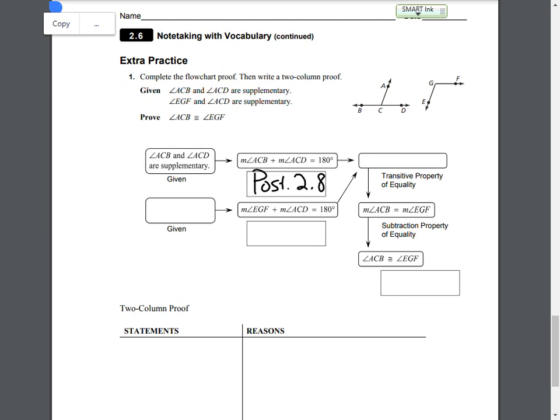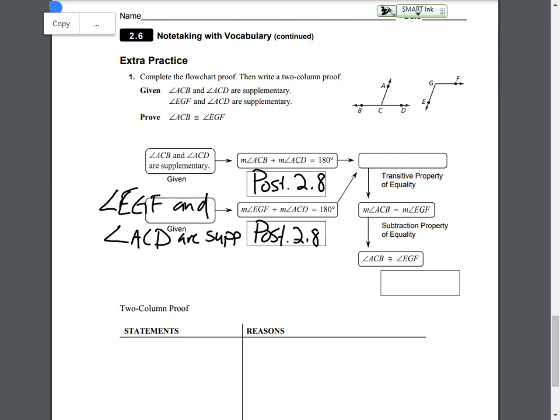What's our given property here? Angle EGF and angle ACD are supplementary. I'm just going to write sup. Okay. There's our given statement. This is also a postulate 2.8. Okay. Now, what's our transitive property? I apologize.